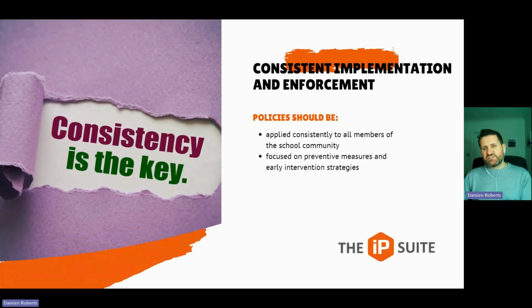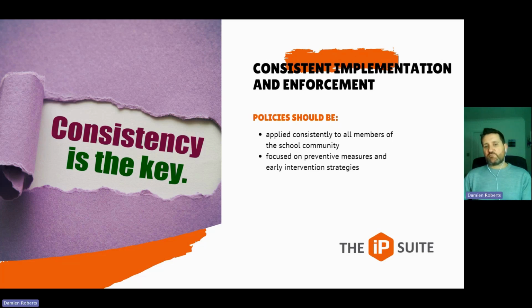The next step is consistent implementation and enforcement. Consistency is key to effective policy management. Policies should be applied consistently to all members of the school community to avoid perceptions of bias or favoritism. When students witness fair and equitable enforcement of rules, they develop respect for authority and a sense of responsibility.